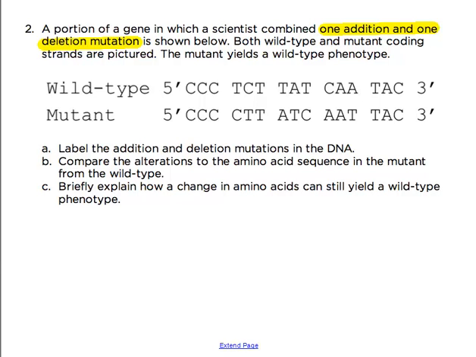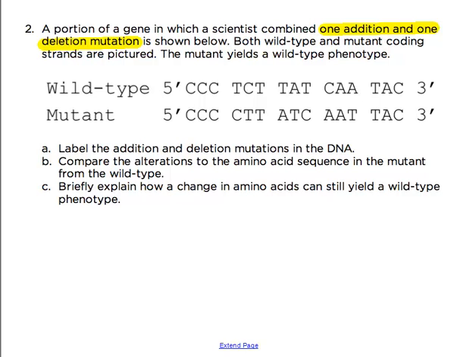So in order to do that, we're going to compare these two strands and see where the mutant coding strand is different from wild-type. From 5' to 3', we see that they both start out as CCC, and then the wild type goes on for TCT as the next codon, but the mutant is CTT.